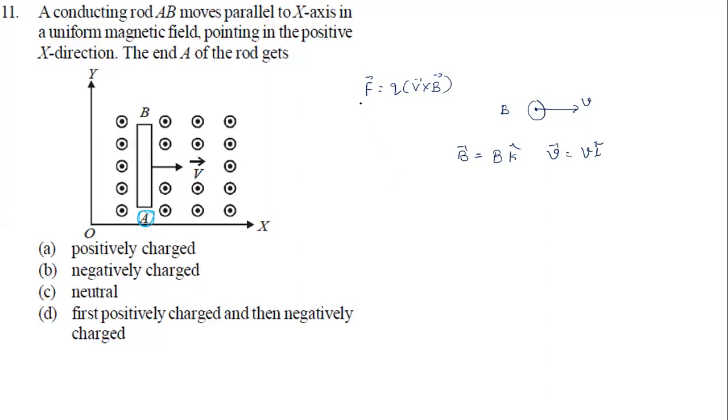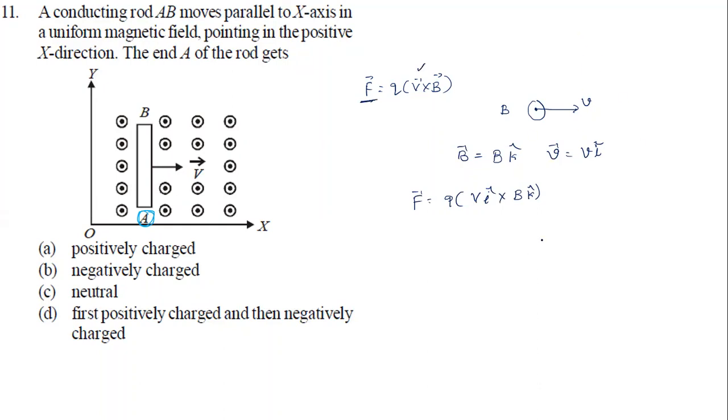So now they're asking what is the direction of F then. So if I use F equal to q times V i cap, okay, cross B k cap, I can use directly the right hand rule now. Very simple it is. Okay, so first you keep your right hand in such a way that the hand should be like this.